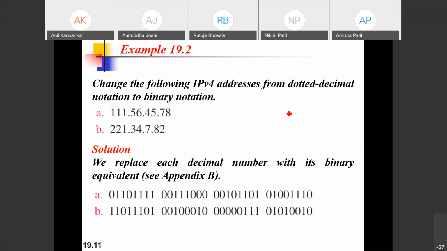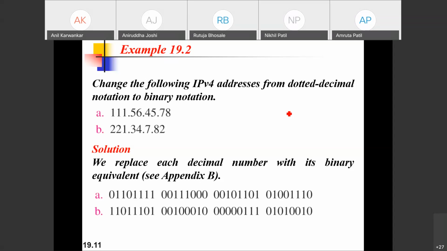Convert it into the binary notation. 56. Binary representation is 00111000. For 45, it's 00101101. For 78, its binary equivalent is 01001110. That will be the conversion of dotted decimal to binary notation.